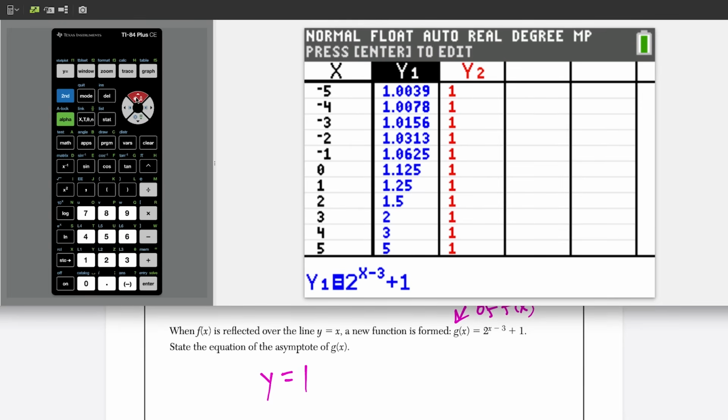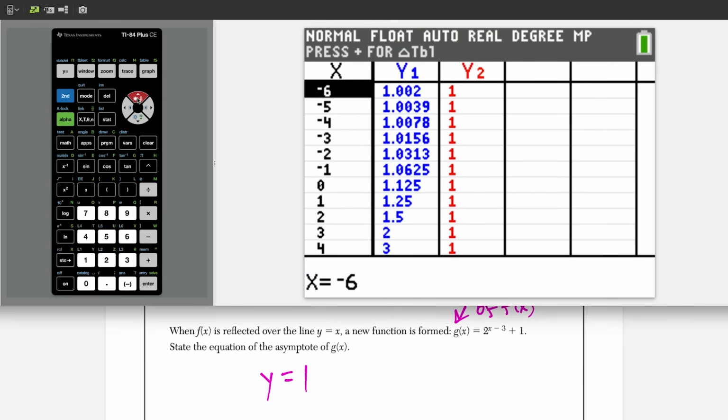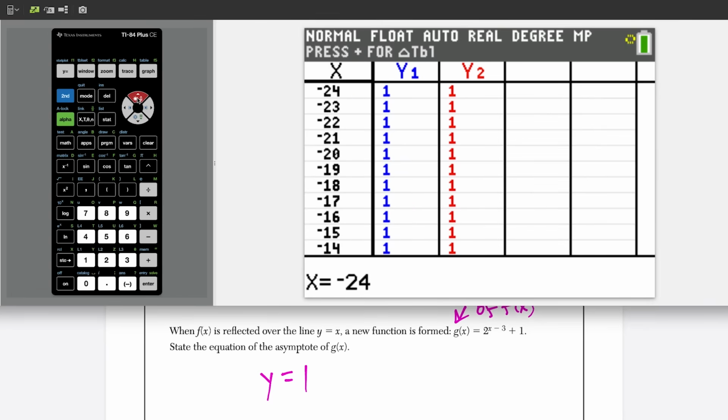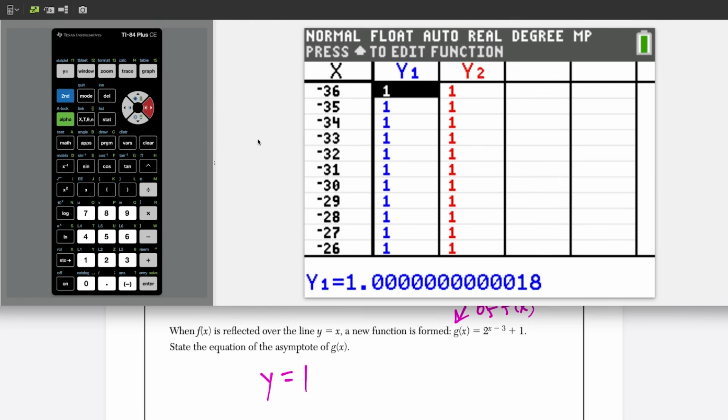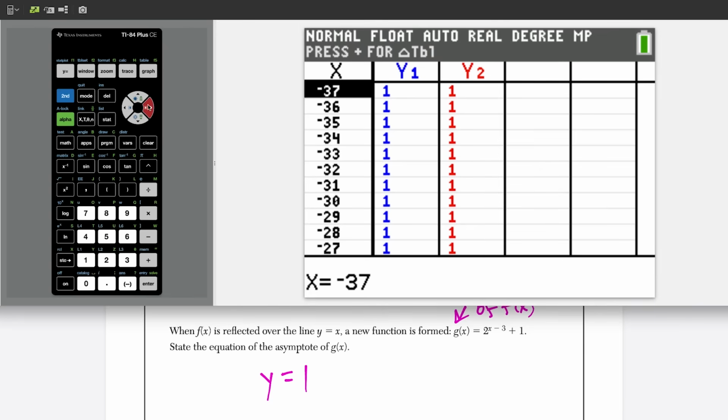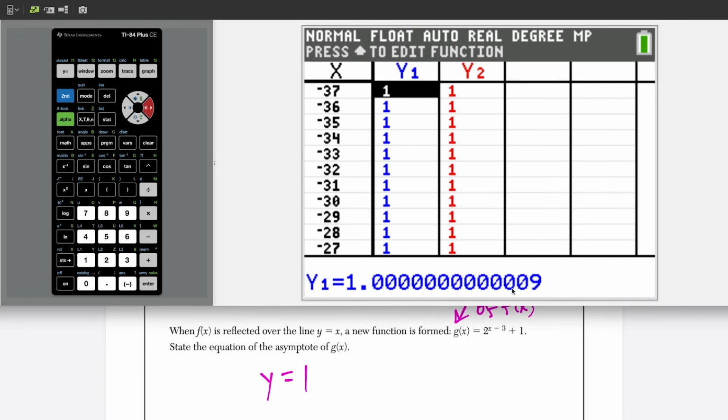If we just kept going back, the calculator would eventually run out of room and probably just round it. But the idea is that these zeros would keep going out more and more until we get to our non-zeros. So y equals 1 is definitely the equation of the asymptote of g of x.